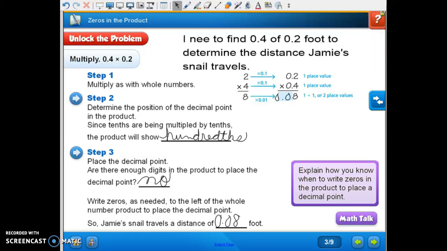So in words that might look like I need to find 4/10 of 2/10 foot to determine the distance Jamie's snail travels. So does Jamie's snail travel further or less than the other snail? Less. Because you're finding a part of a part, and 8/100ths is certainly smaller than 2/10, right?